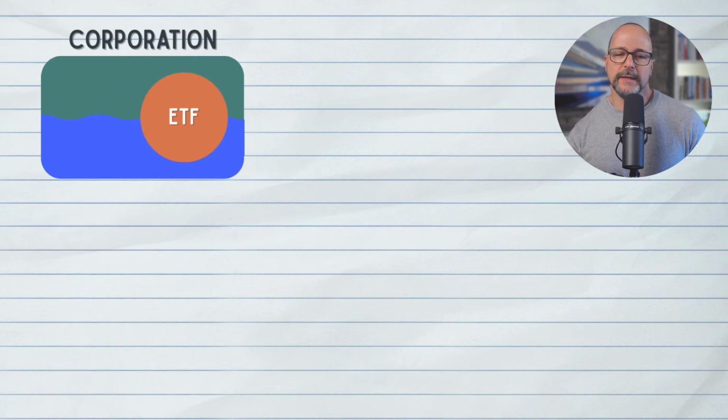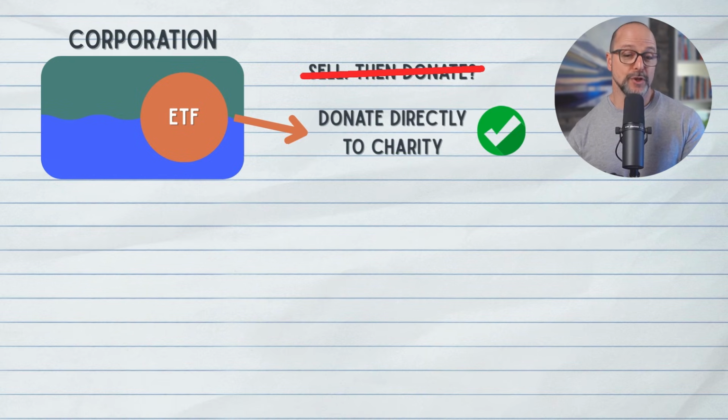There's actually another way to earn these CDA coupons, which is by donating appreciated securities or investments like ETFs or stocks. Let's say Dr. Alex bought an ETF years ago and it's way up. Instead of selling it and then donating the cash, he could donate the shares directly to a registered charity.